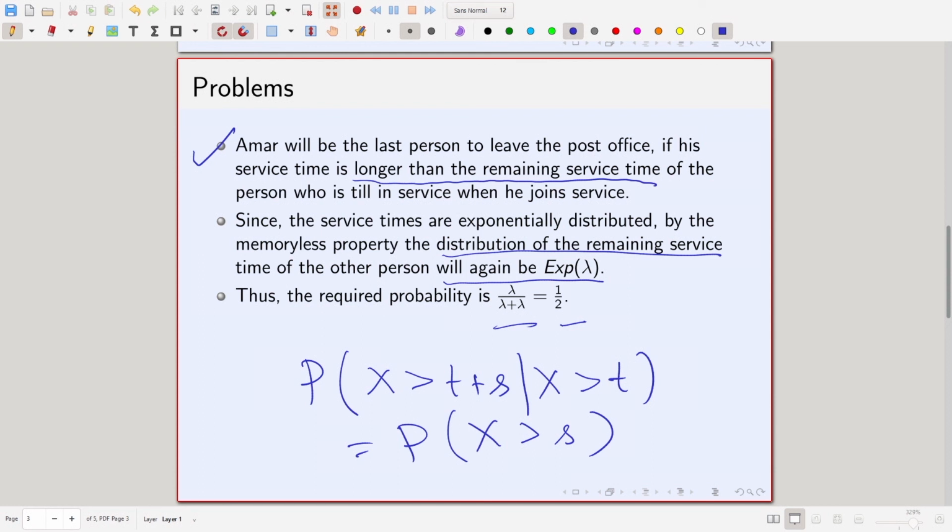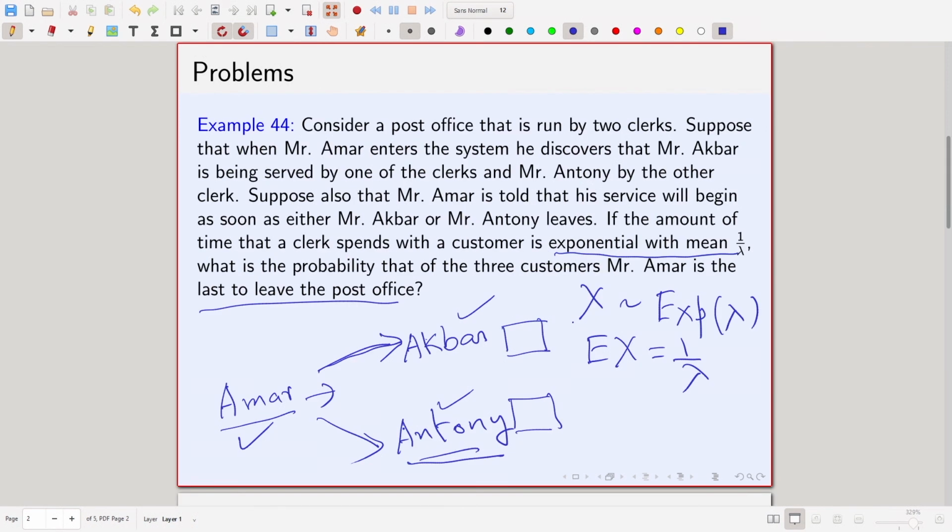Here there are two independent exponential random variables, so the probability that one of them will be the minimum is the parameter of that divided by the sum of the parameters, but here everything has the same parameter. So it is lambda over lambda plus lambda, which gives you half. So the final answer is half. The probability that, of the three customers, Mr. Amar is the last to leave the post office is half. Fine.